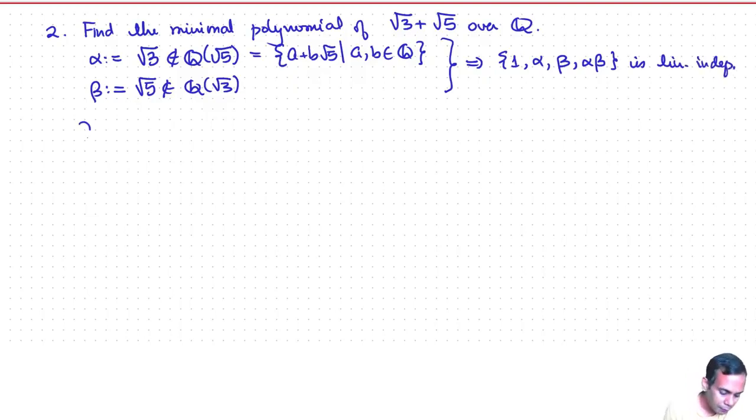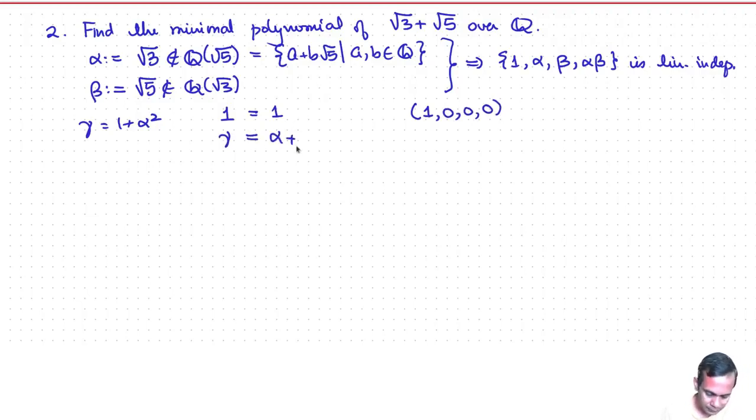And so now we take gamma to be 1 plus alpha squared, and just like last time, we start computing powers of gamma and we expand those powers in terms of the basis. So firstly we take the 0th power. So 1 is equal to 1 in terms of this basis. It corresponds to the vector 1 0 0 0. And now let's look at gamma. This is just alpha plus beta.